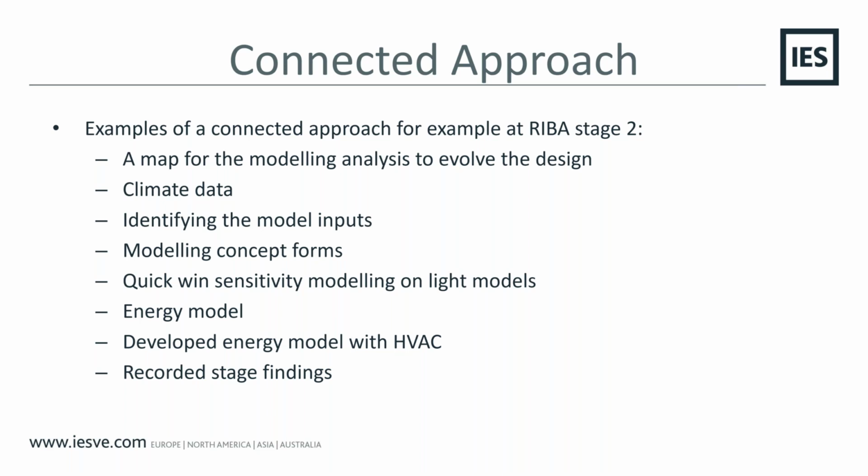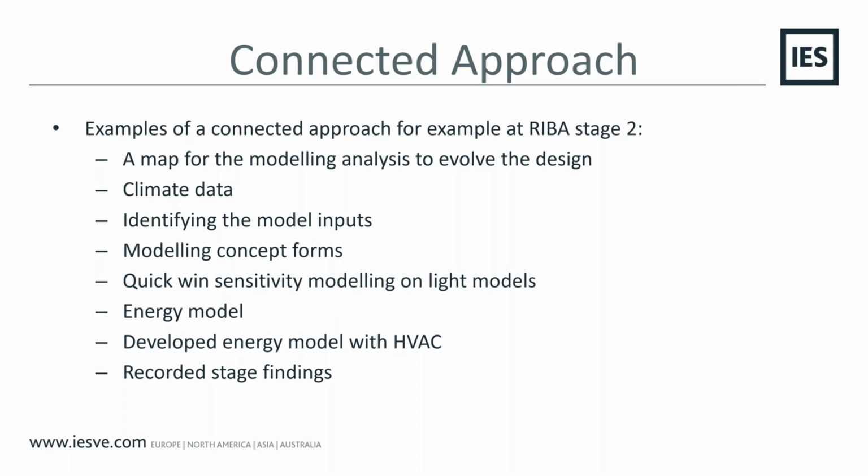Identifying the model inputs. As Phil's talked about, there are various stages and types of data that go into a TM54 model. So identify what you want to source at that particular time and then seed it into your model. If we're going to be doing modelling at the concept stage, then we're also going to have a focus on concept forms.